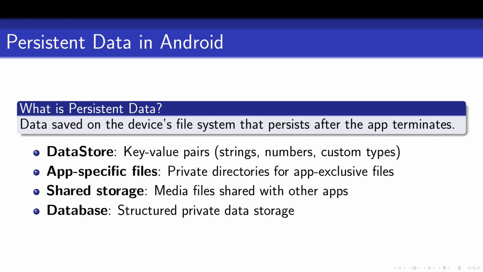Shared storage allows media files, like photos or videos, to be shared with other apps. Databases provide structured storage for complex private data. Together, these methods, DataStore, files, shared storage, and databases, form a robust toolkit for managing persistent data, ensuring your app retains critical information across sessions.